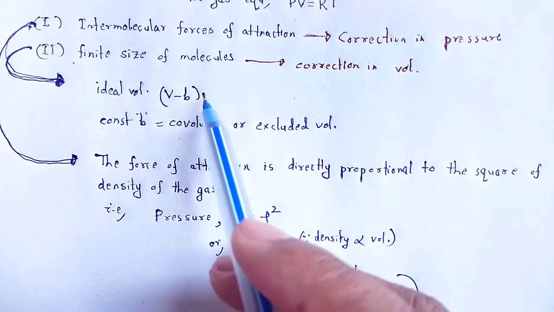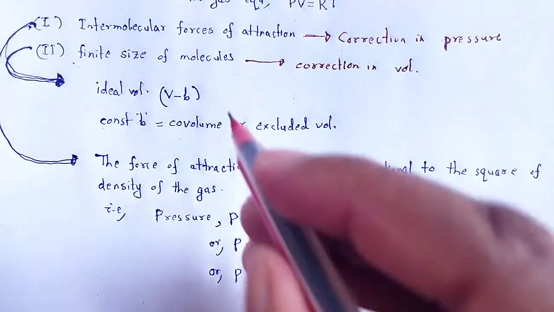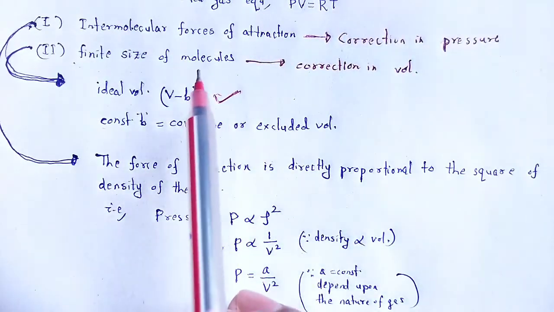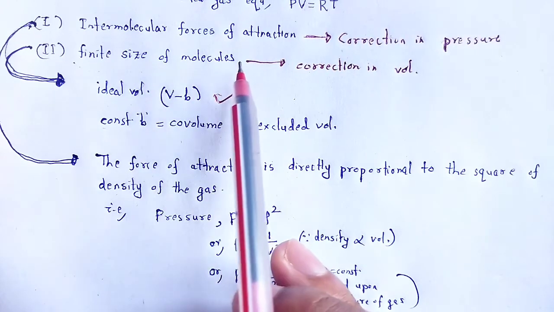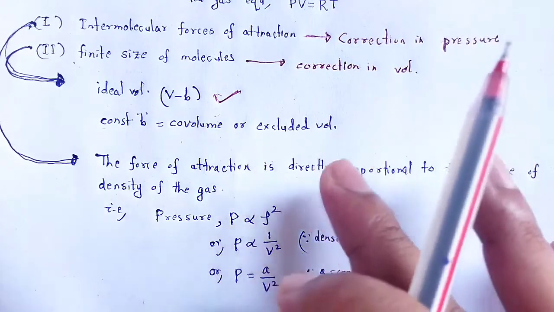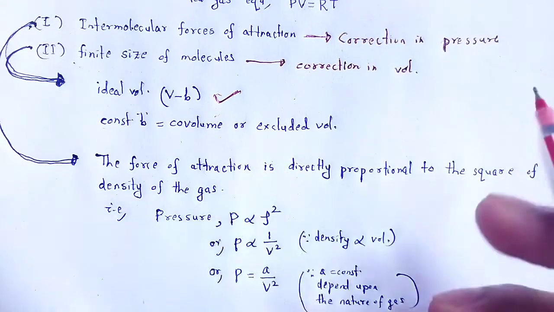This is the correction in volume, that is V minus b, due to the finite size of molecules, and that is the correction in pressure, as the force of attraction is directly proportional to the square of the density of the gas.